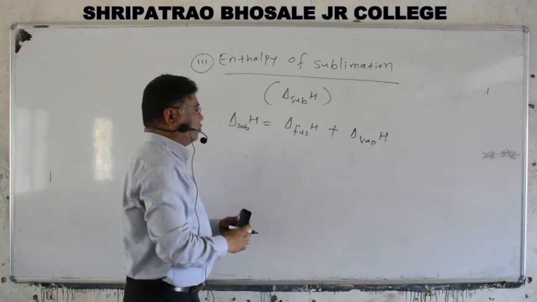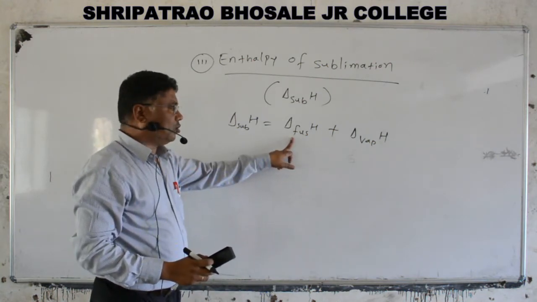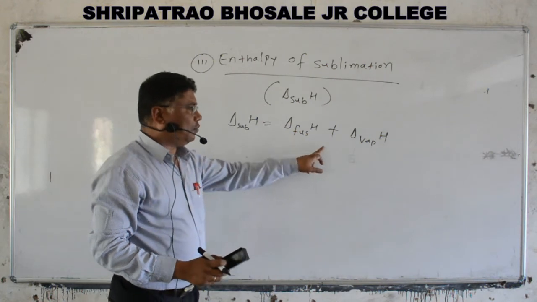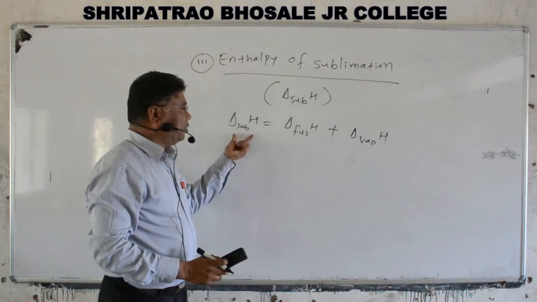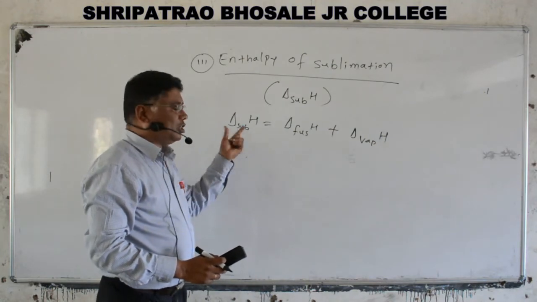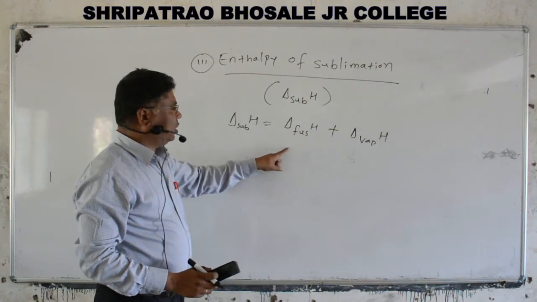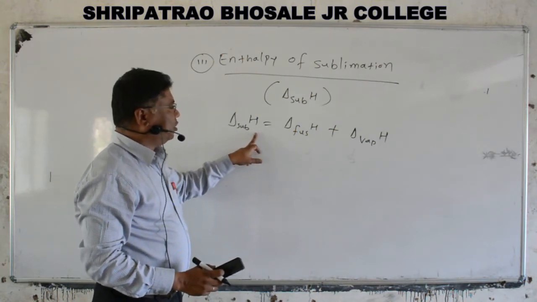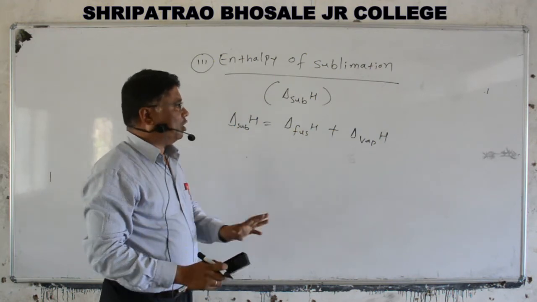You know that fusion is solid converted into liquid, vaporization is liquid converted into vapor, and sublimation means solid is directly converted into gas. So the relation between these three: enthalpy of sublimation is equal to enthalpy of fusion plus enthalpy of vaporization.